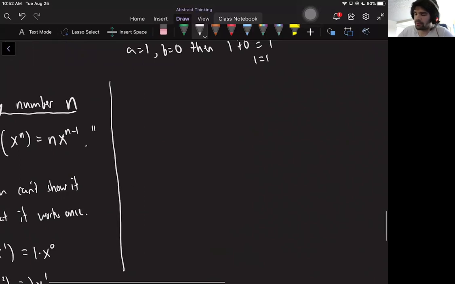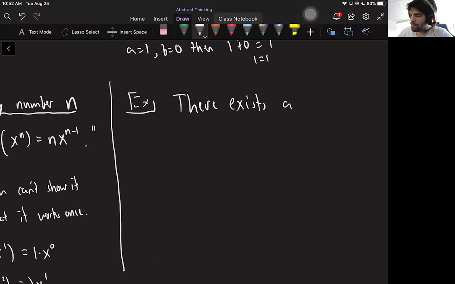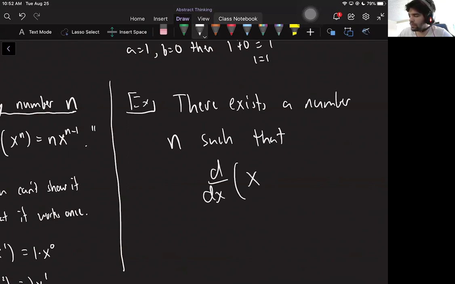Okay, so versus if the claim is a little bit different, and I say the same equation, there exists a number n such that the derivative of x to the n is n times x to the n minus 1.